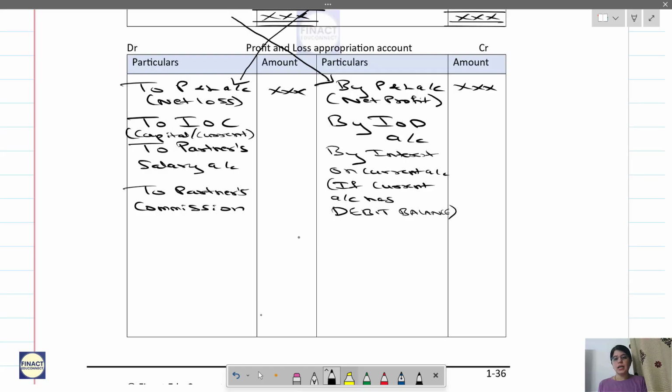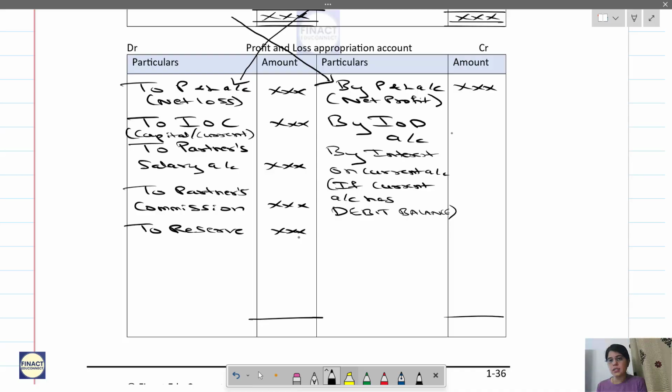Now once this is done, there will be something known as reserves. Reserves we create from your profit and loss appropriation. Reserves is what? Some part of profit you set aside for your future expenses.